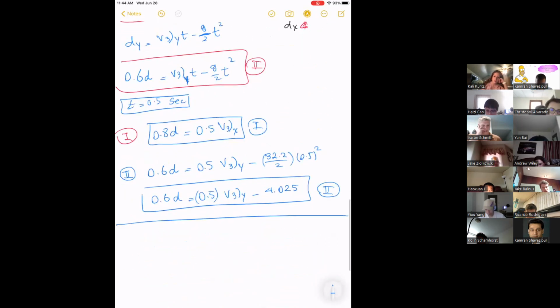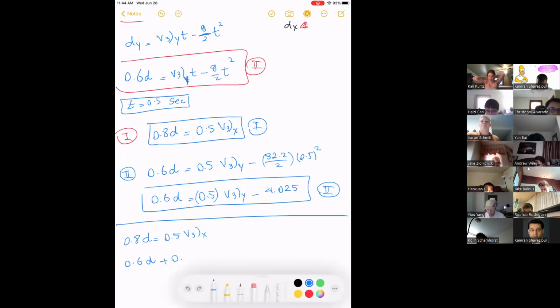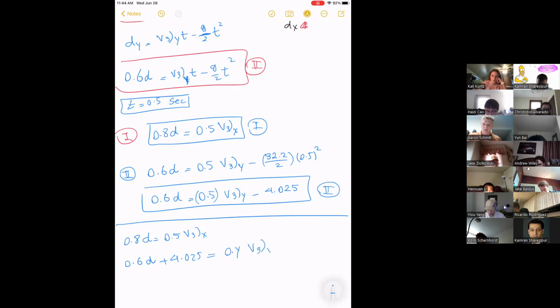Let me write them side by side. 0.8d equals 0.5 v3x, and 0.6d, sorry, I'm going to take this to the right hand side just to make it simple, plus 4.025 equals 0.5 v3y.